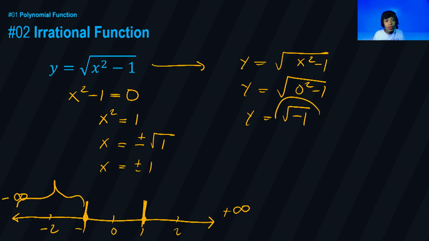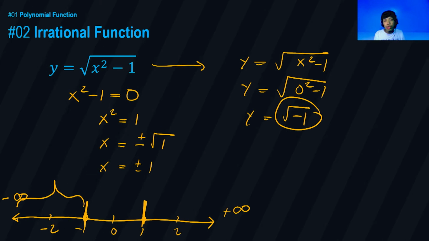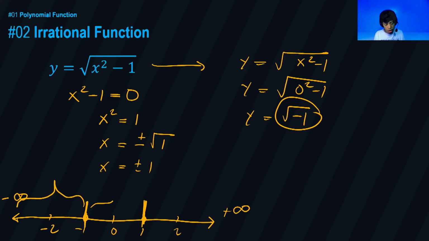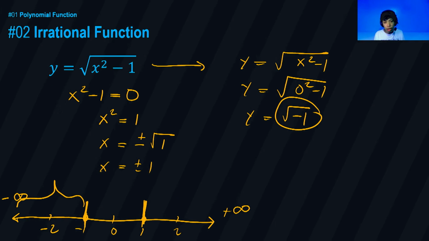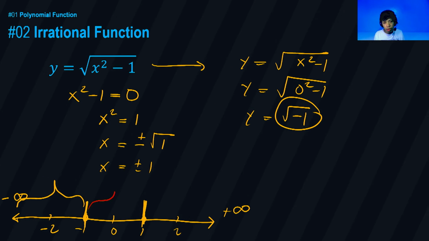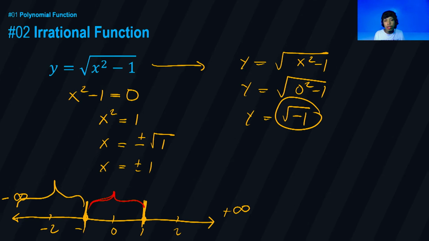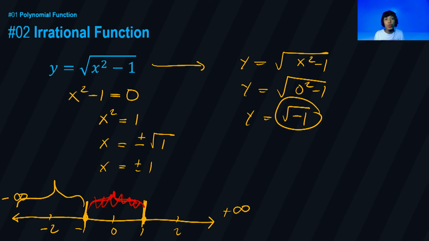That is not a real number. That's an imaginary number. Therefore, this region right here, let me use red to indicate that this is not permissible. So this region right here is not permissible. There are no permissible values of x here.